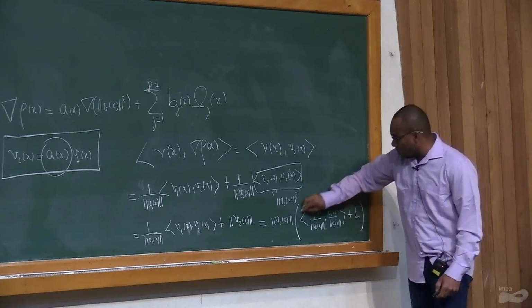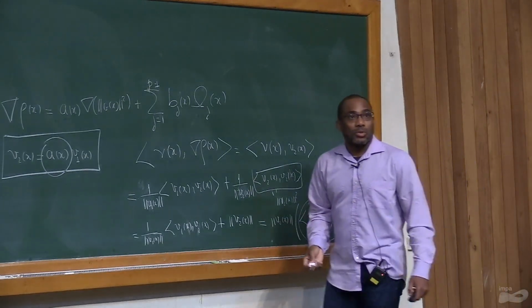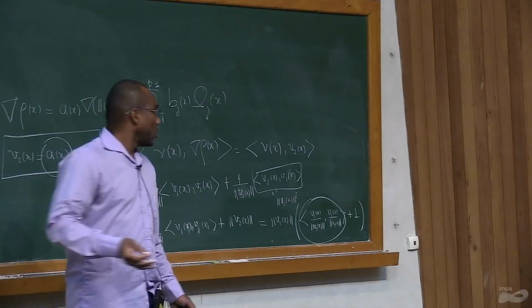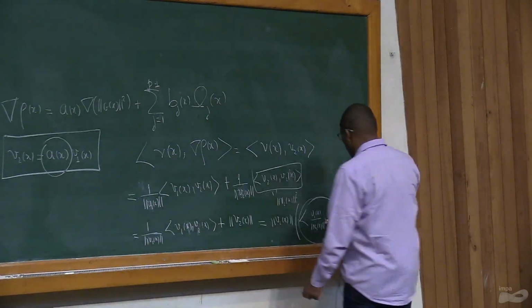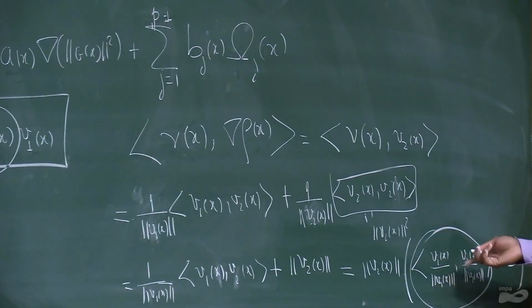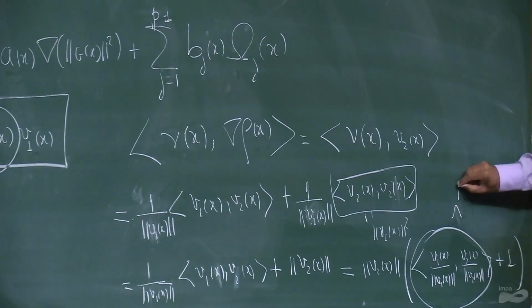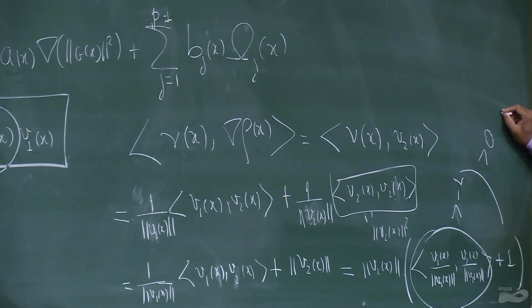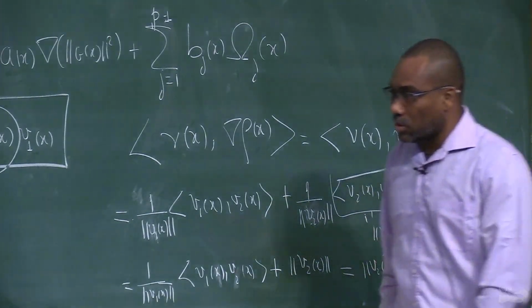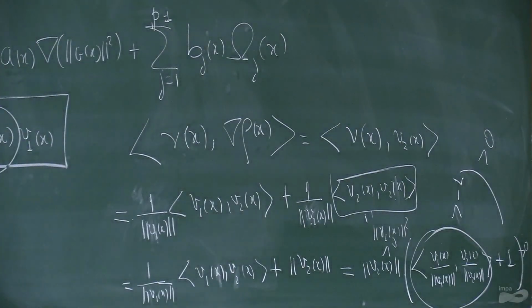But this is the angle between V1x and V2x. And since you are saying that this guy is not pointing the opposite way, this should be greater than -1. So this must be positive. This is positive. So this is positive.